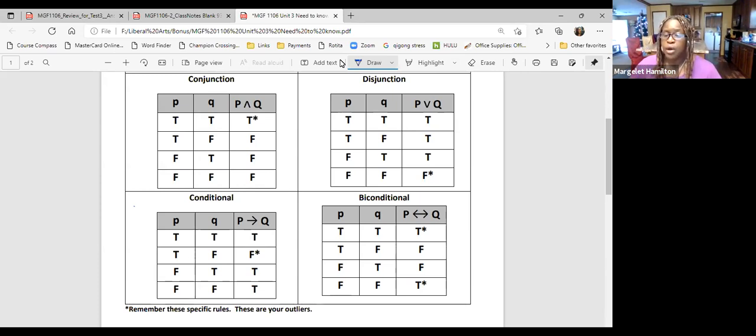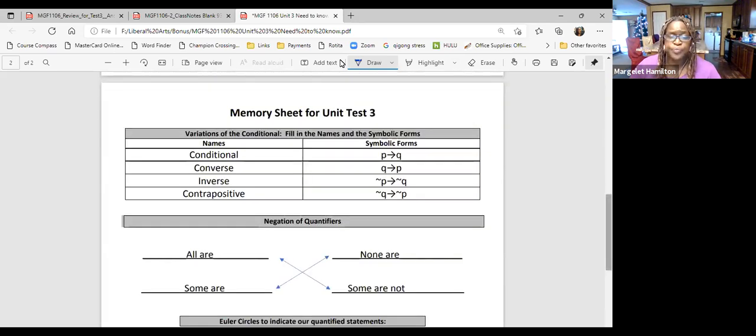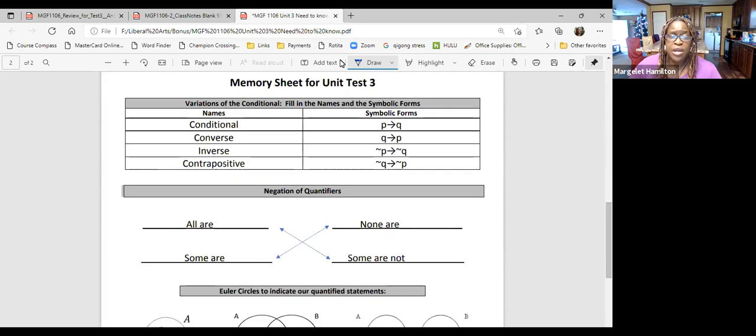Yes. All right, good. Coming on down to the second page, then we have our variations of the conditional statement. We need to know those and how to convert our conditional statement into the converse. Converse means we're just going to flip.